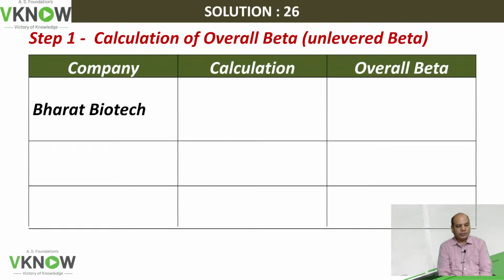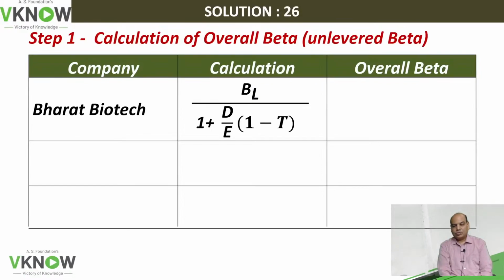Company, Bharat Biotech. Calculation, the formula. Overall beta formula is levered beta upon 1 plus debt by equity into 1 minus tax rate. Do you remember this formula?